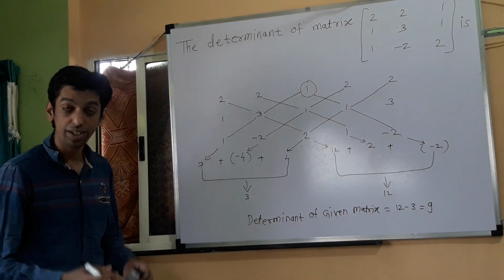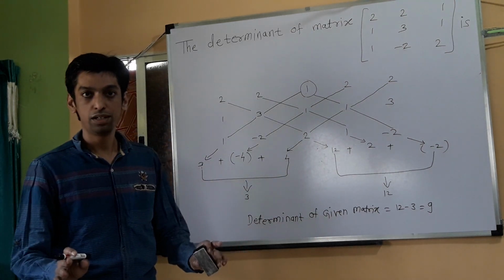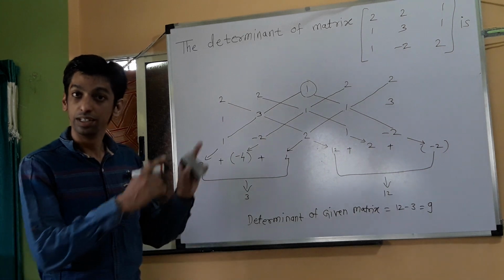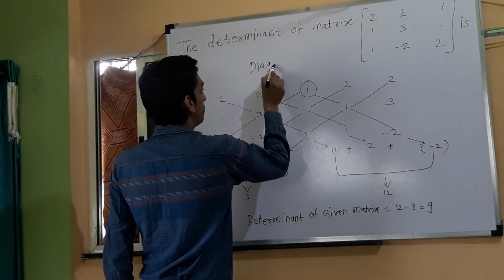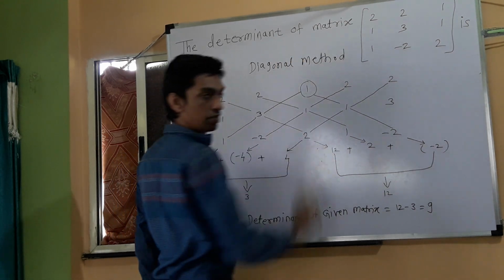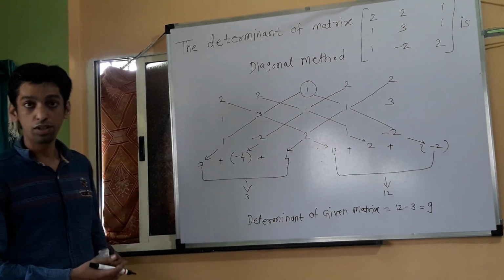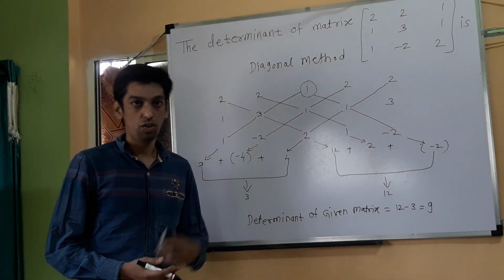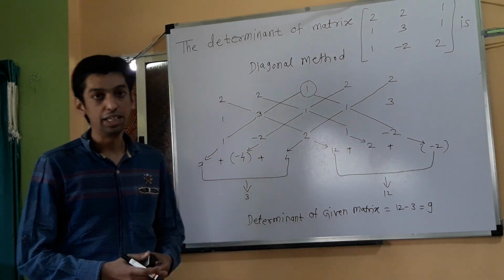In this way we can find the determinant of any 3 by 3 matrix by using this method. This method is called the diagonal method. This is all about this type of example: we can find the determinant of any 3 by 3 matrix.